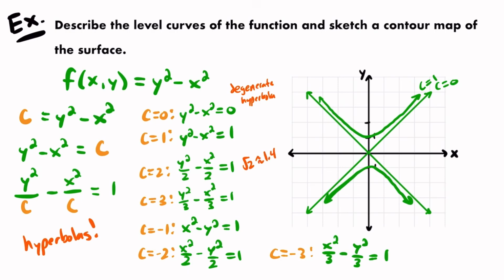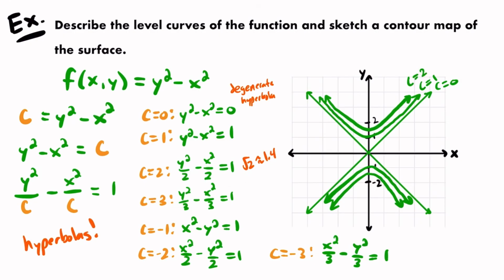So assuming that this is y equals 2 and y equals -2, about halfway to 2 in each direction will be the intercept for the curves of this hyperbola. So one of them would look something like this, and the other one would look something like this. That is the level curve for c equals 2.